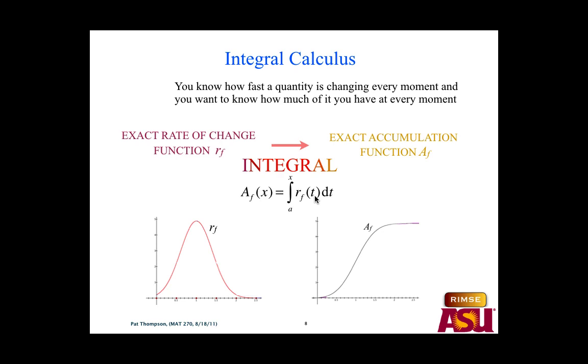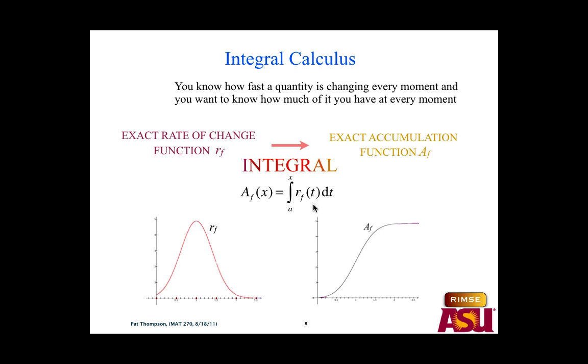T somewhat plays the same role as j does. It tells us where we are between a and x, but we use it as a variable. We just let t take on all the values from a to x. So it's kind of the same as letting j take on all the values from 1 through that floor notation in our summation. It's not quite the same, but it's the same idea as that.